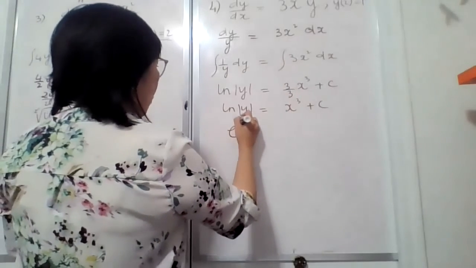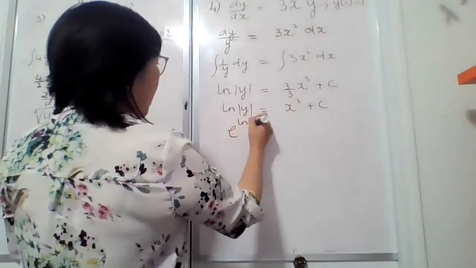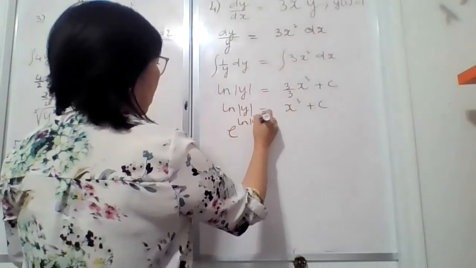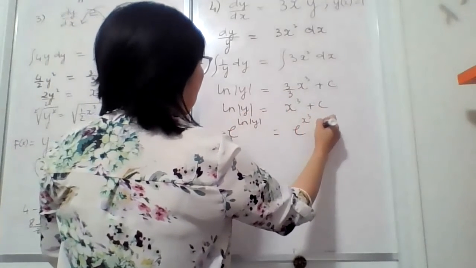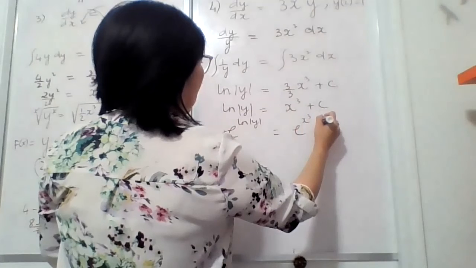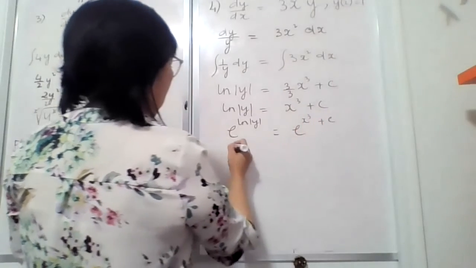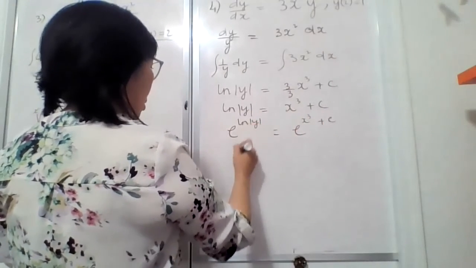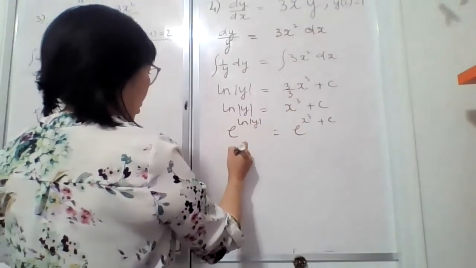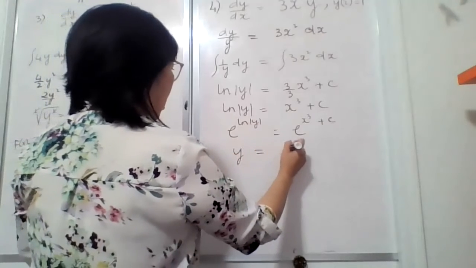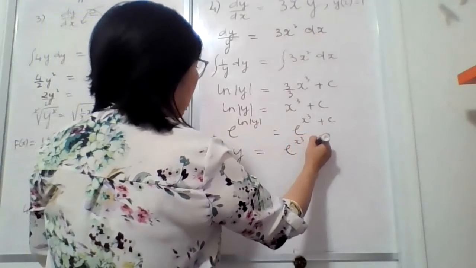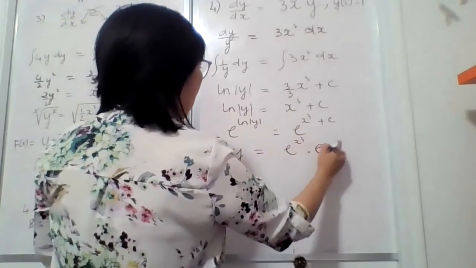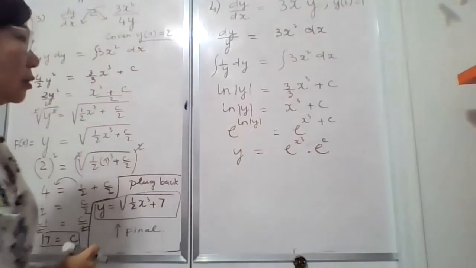Now I'm going to raise both sides by the base e. So e to the ln y equals e to the x to the power 3 plus c, which is e to the x to the power 3 times e to the c.